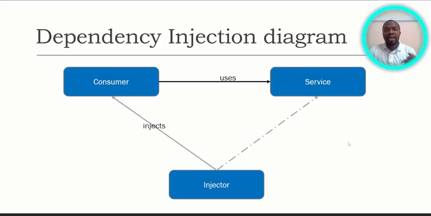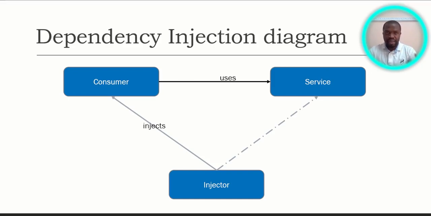Dependency injection allows the creation of dependent objects outside of the class. These objects are then injected into the consumer through different ways. Dependency injection involves three types of classes.